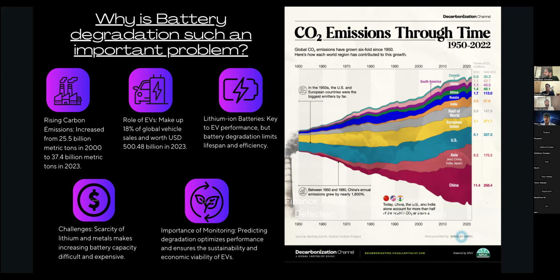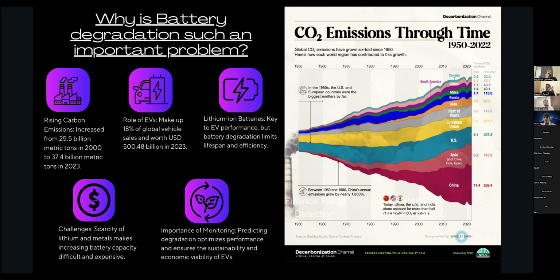By monitoring and predicting battery degradation, we can optimize the life of the electric vehicle. It's very important not only for optimizing the performance of the lithium-ion battery, but also to ensure the economic viability and sustainability of electric vehicle technology.